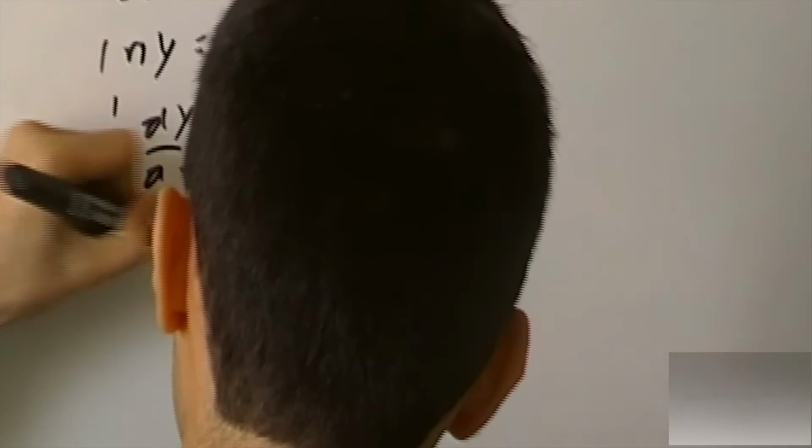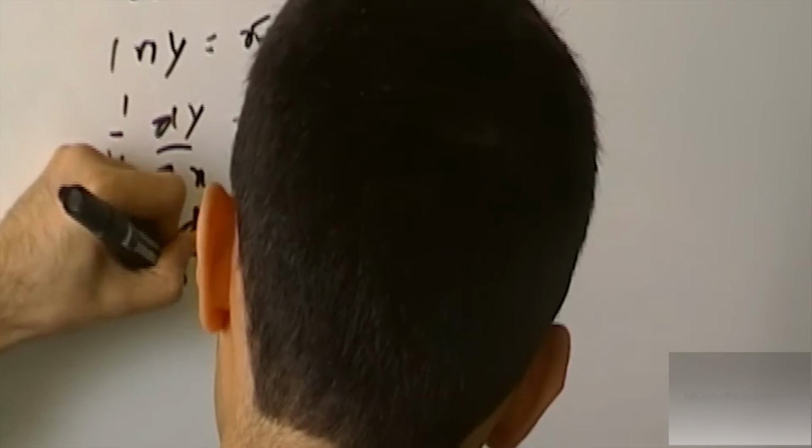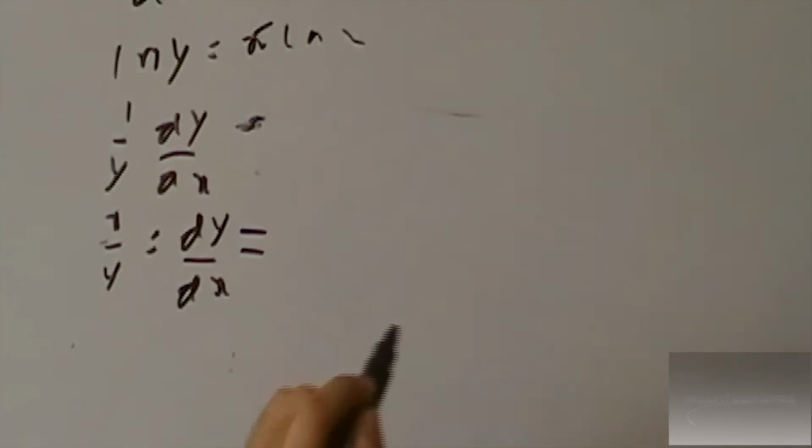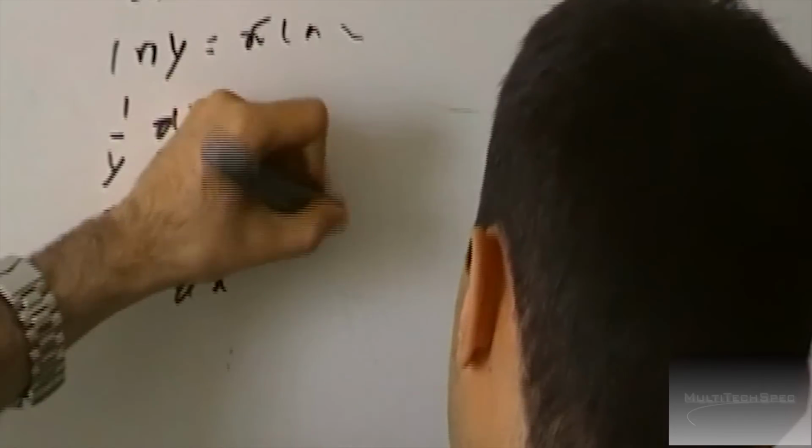So what we need to do is put 2 and 2 together, and we should end up with an equation that looks like this. 1 over y dy by dx is equal to ln 2, because if you remember, we differentiated the right hand side of the equation, and that gave us ln 2.